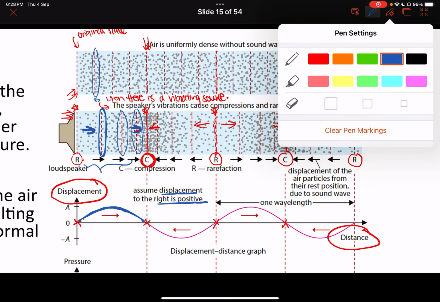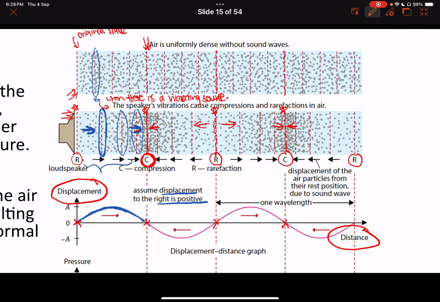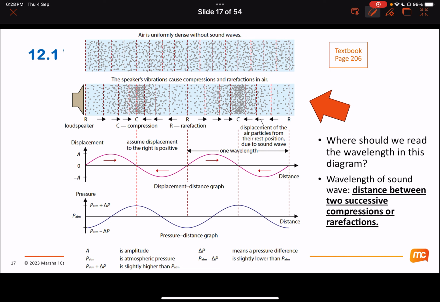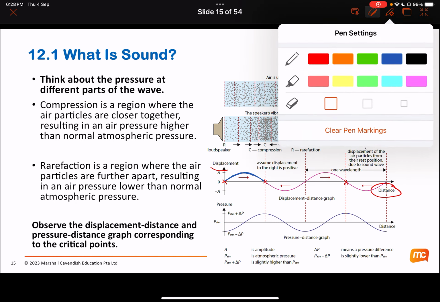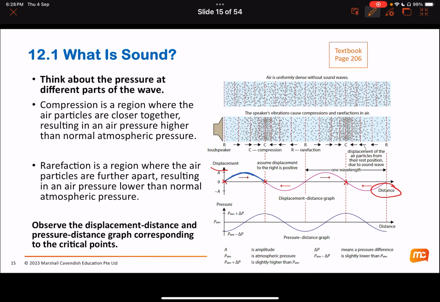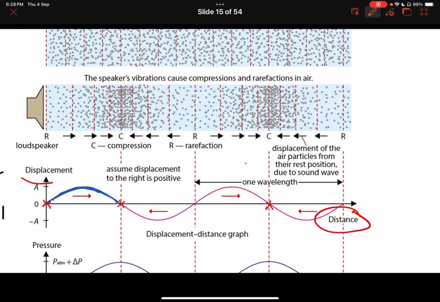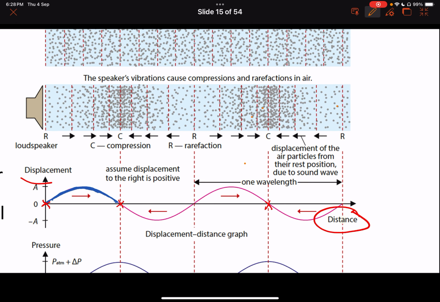Right. On the other hand, let me use another color. Let me erase away. On the other hand, let's say from the compression and the rarefaction.